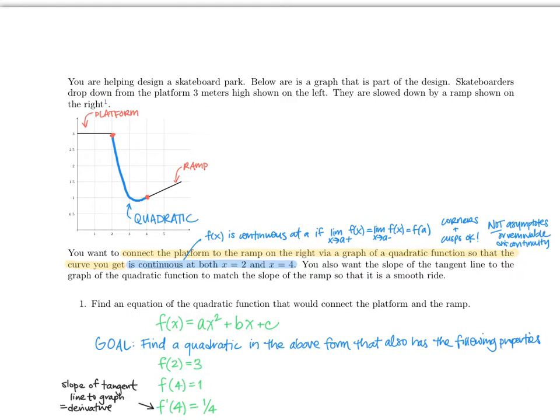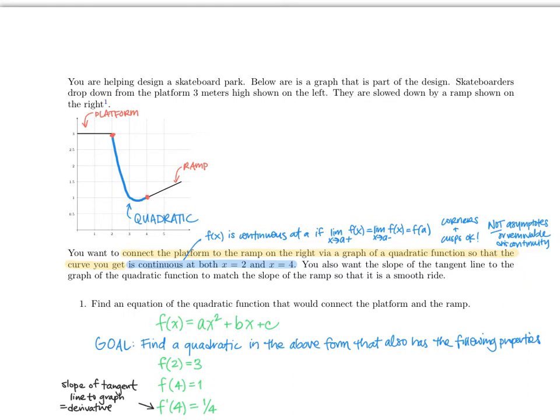So I noticed that the slope of the tangent line to the graph is equal to the derivative, so that means we're looking at f prime, and where is that f prime that we care about? We say that we want the derivative of the quadratic at 4 to be the same as the slope of the ramp. And I can take a look and notice that when x increases by 1, the rise increases by 1/4. So the slope is going to be 1/4.